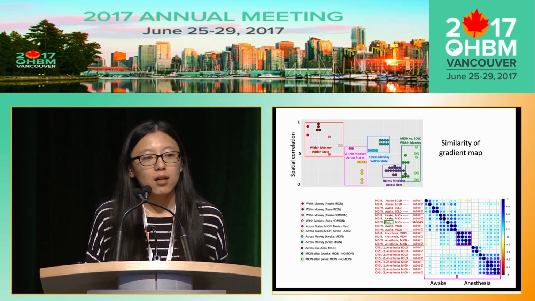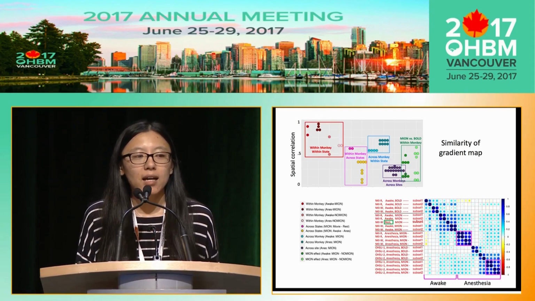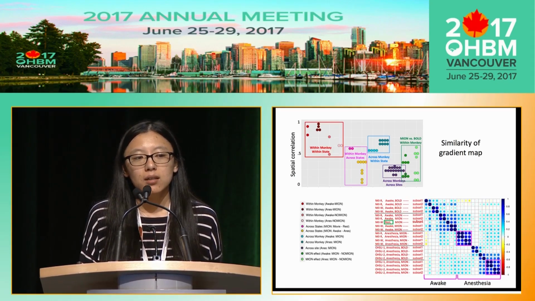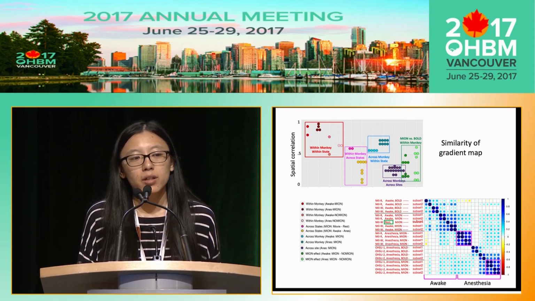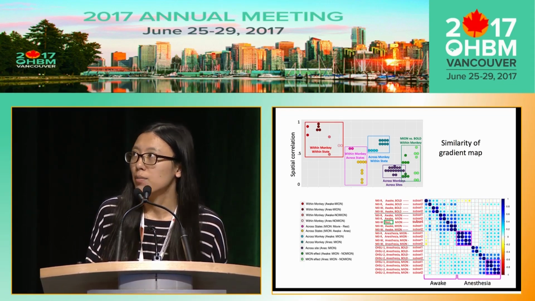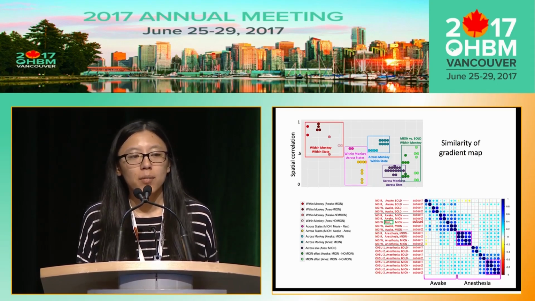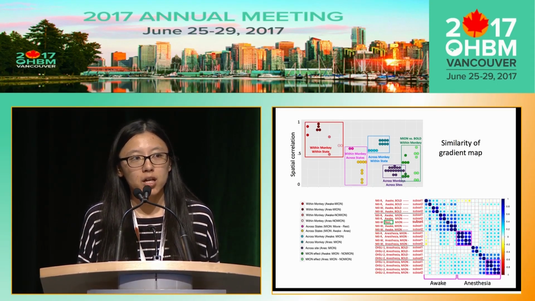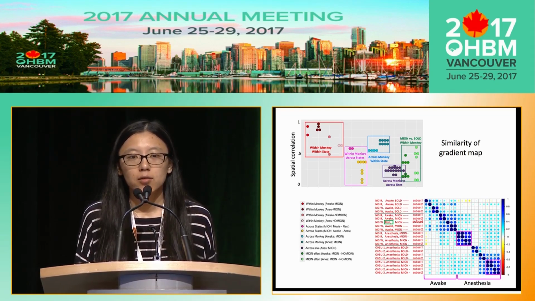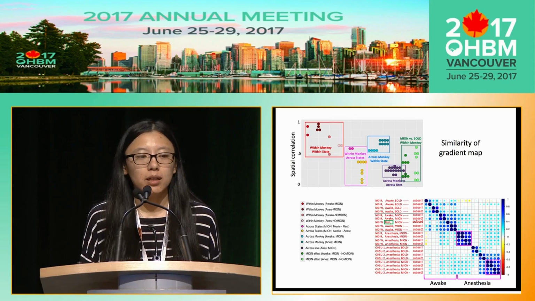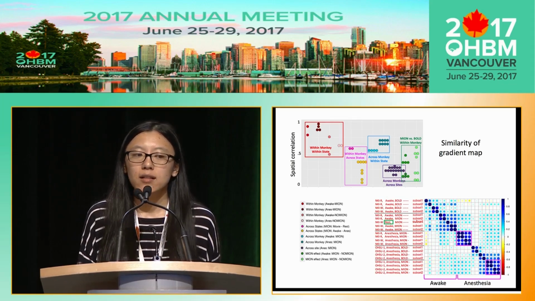So the red frame box highlights the within-monkey similarity. It is pretty high compared to the cross-monkey within states, which is highlighted by the blue color. And this suggests that the functional boundary could have the potential ability to be used as a fingerprint to identify the individual monkey.